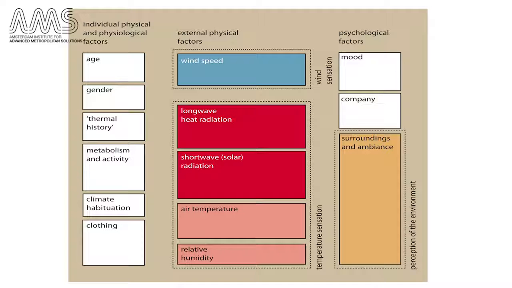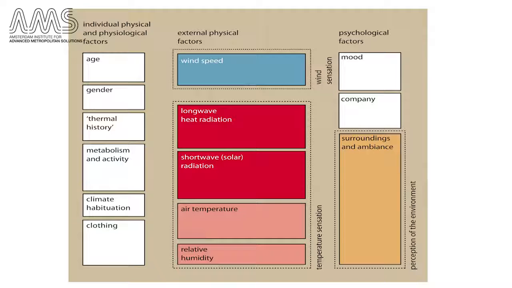On the other hand, as you can imagine, the wind can be changed very well through urban design on a local scale. Also the shortwave radiation, so sun and shade, and long-wave radiation, depending on the materials of the urban environment, can be changed very effectively with local design interventions. The air temperature and the relative humidity can also be influenced, but then by larger scale design interventions or adding up many small interventions.